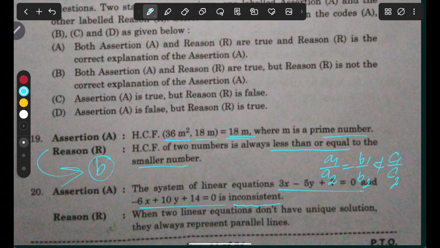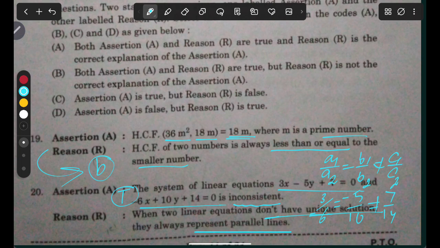So A1 upon A2 is 3 upon minus 6. Is it equal to minus 5 upon 10 and not equal to 7 upon 14? So this is minus 1 upon 2, minus 1 upon 2. So the assertion is true.